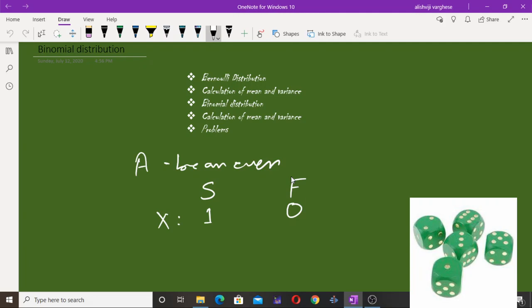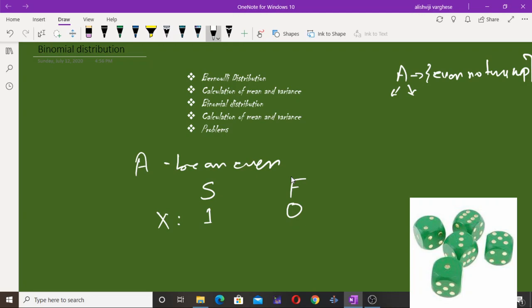For example, if we throw a die and check whether the event A, which is that an even number turns up, occurs, then there are only two possibilities: either an even number turns up, or an even number does not turn up, that is, an odd number turns up.